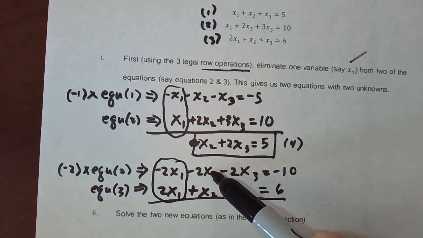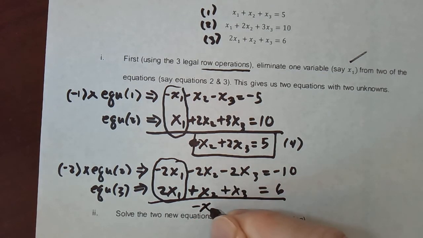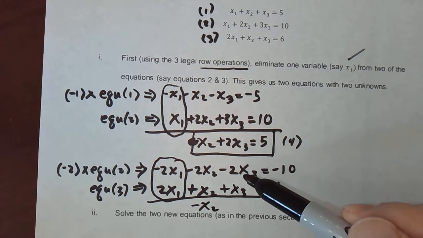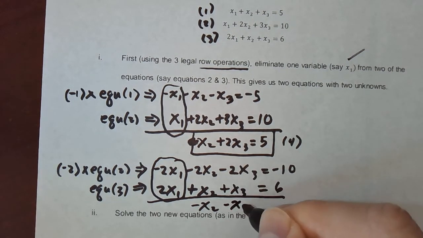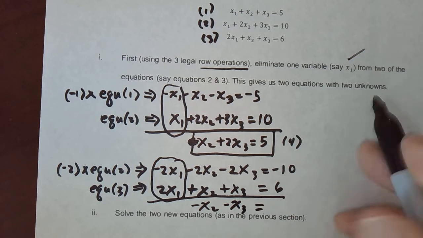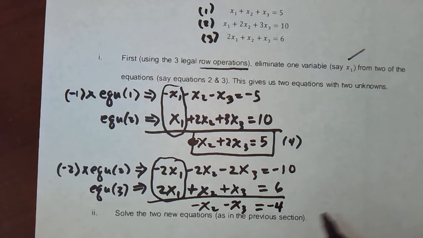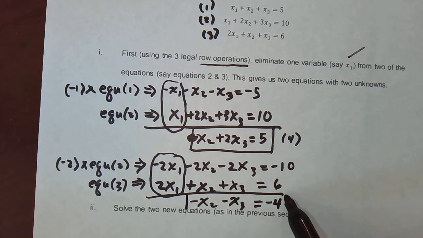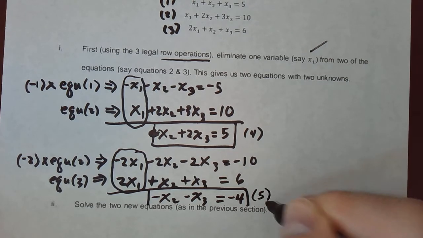So negative 2x2 plus 1x2 is negative x2. Negative 2x3 plus x3 is negative x3. When you add negative 10 and 6, you get negative 4. So here's a new equation that we could call equation number 5.